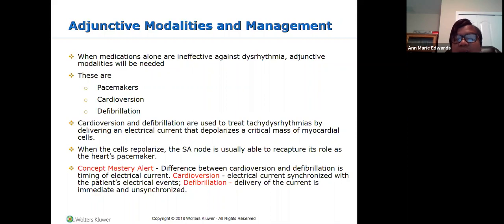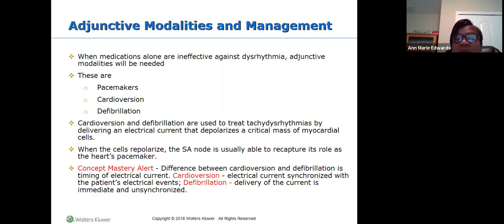So if the patient has an ECG rhythm, then they're going to do cardioversion. If they don't, they're going to do defibrillation. That's the difference between both, because students tend to ask a lot about these differences. They sound alike because you use the defibrillator for both, but when you're doing cardioversion, you turn the synchronizer on.